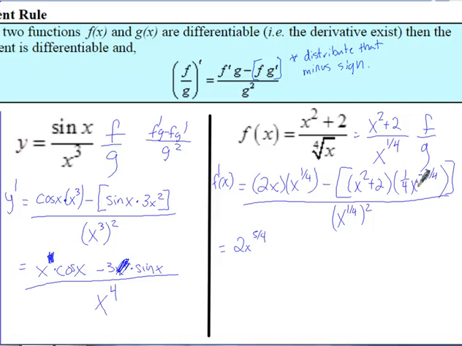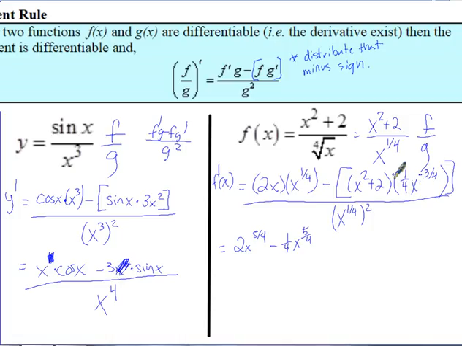So let's do it one at a time. So 1/4 x to the negative 3/4 times x squared is going to be a what? X to the, think of this as 8/4, so 5/4, and then it's going to be a minus because of that. And then here, same thing.